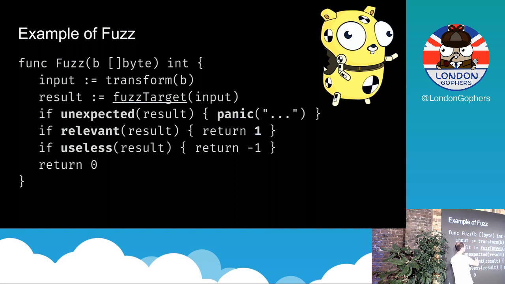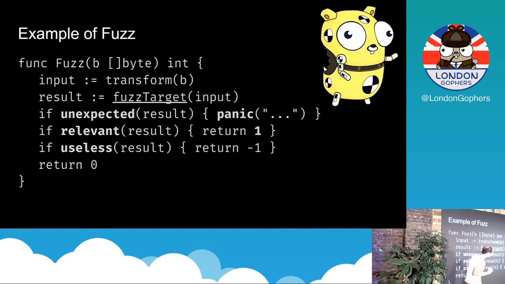If you think this input is relevant, you return 1. For example, if your parser returns a value and an error, and you got an error, who cares? Your parser just doesn't accept an input. But if your parser didn't return an error and returned valid data, just return 1. Instruct go-fuzz and tell it, this input is important. You discover something new.